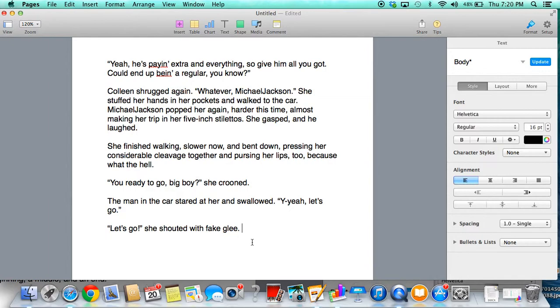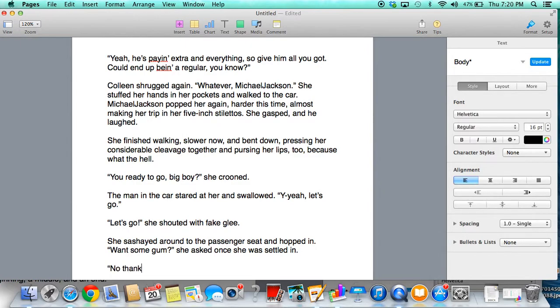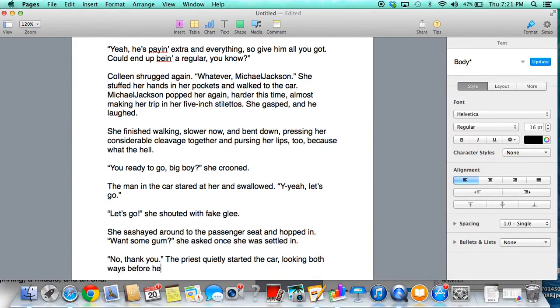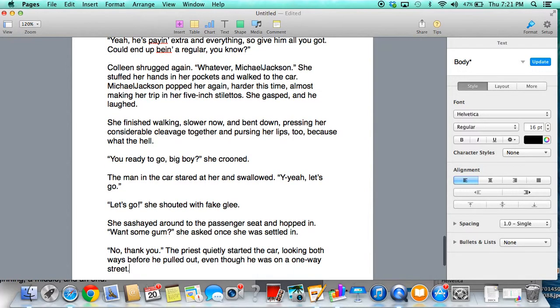I got 2.5 minutes left. She climbed. She sashayed around to the passenger seat and hopped in. Want some gum? She asked once she was settled in. No, thank you. No, thank you. No, thank you. The priest quietly, let's see, started the car, looking both ways before he pulled out, even though he was on a one-way street.